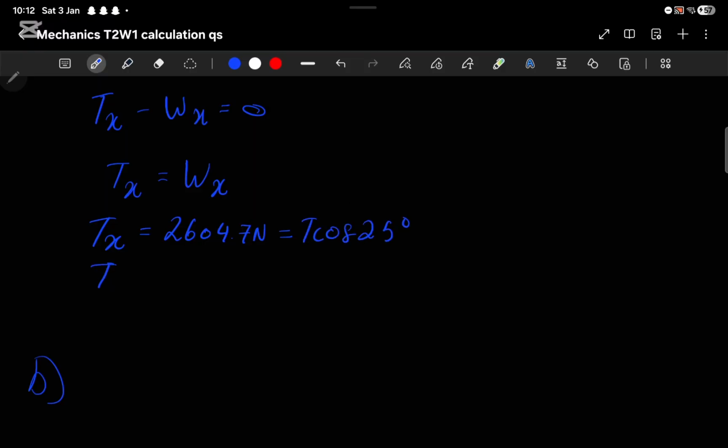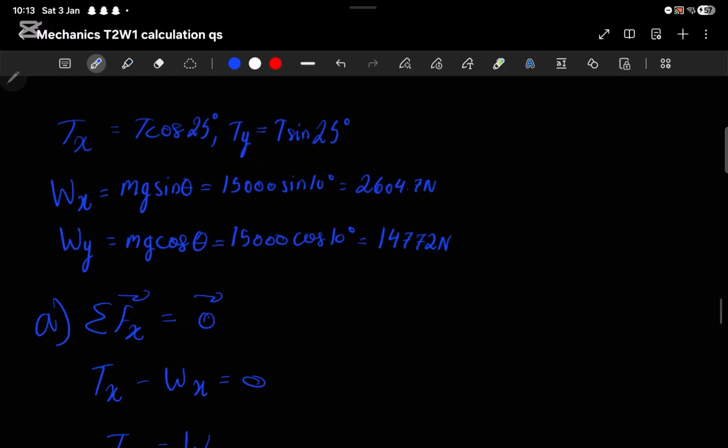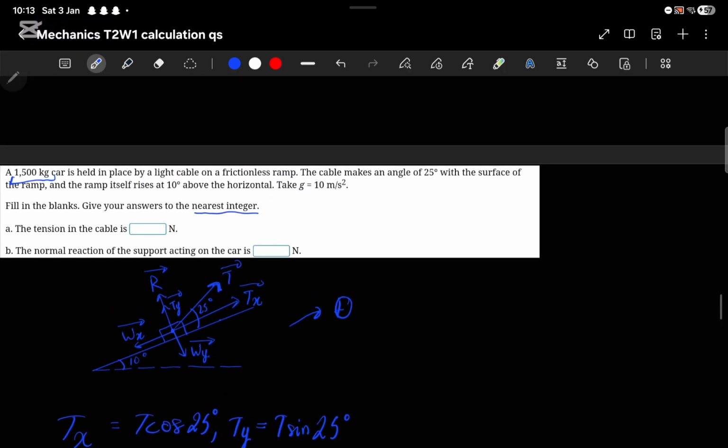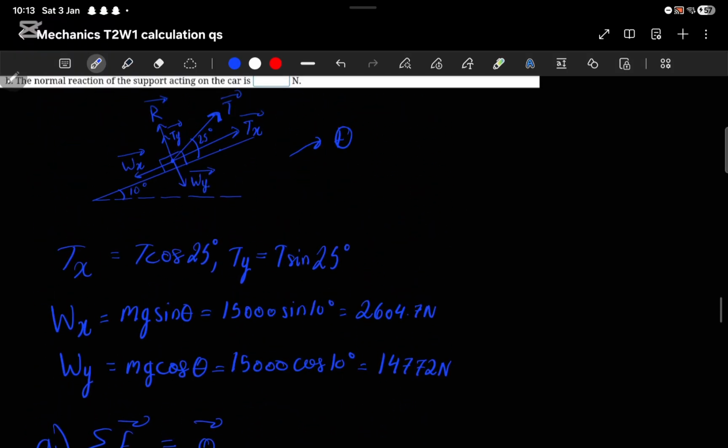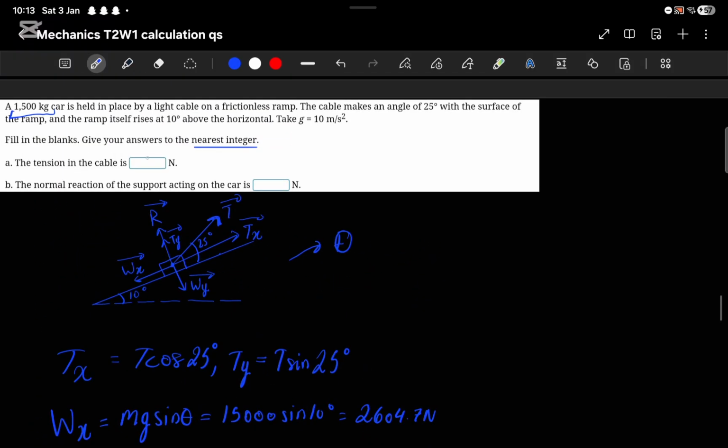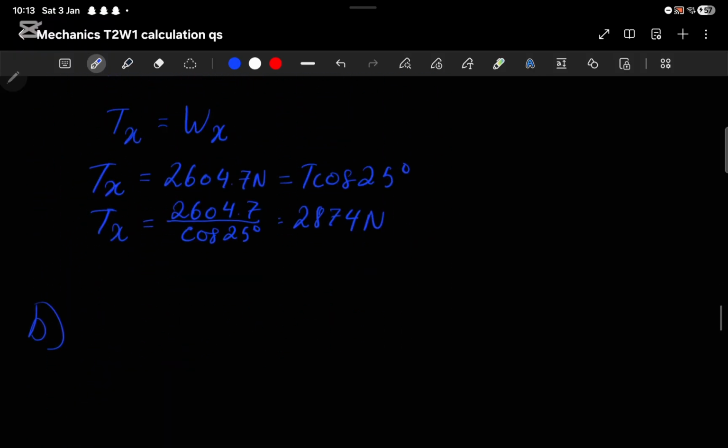So I can say T is 2604.7 over cosine 25 degrees. This gives me 2,874 newtons to the nearest integer, because they told you in the question to give your answer to the nearest integer. So this is 2,874 newtons. All right, part B.